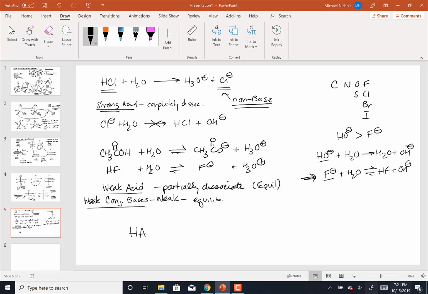And that's the idea that if you dissociate HA into H plus and A minus, there are ways to push the equilibrium towards the formation of more H plus and A minus, and if you do that, you are going to make a stronger acid.